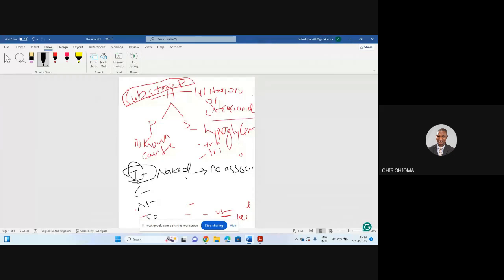Tension headache. The patient does not have any features or associations at all, right? But how do we characterize the tension headache? One of the first things about a tension headache is that it lasts less than 30 minutes to an hour, basically, right? And then the patients usually describe it like a band around their head.